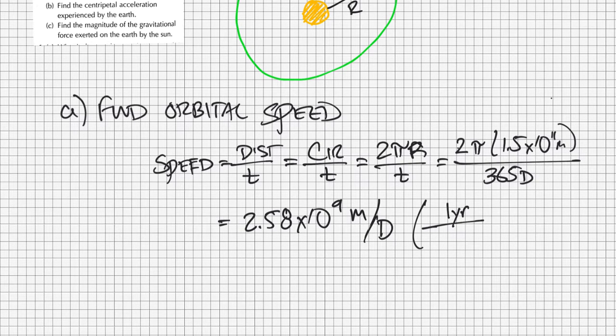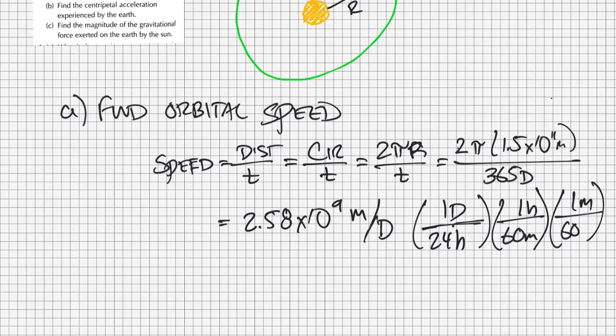So meters per day. So we'll say 1 day is equal to 24 hours. And we'll say 1 hour is equal to 60 minutes. And 1 minute is equal to 60 seconds. And so we'll take this value here, divided by 24, divided by 60, divided by 60, and we'll get our value in meters per second.